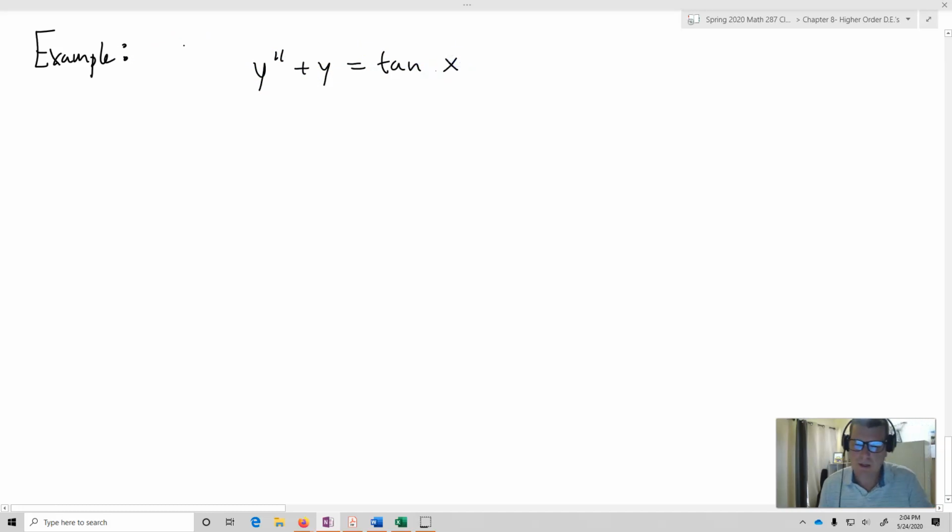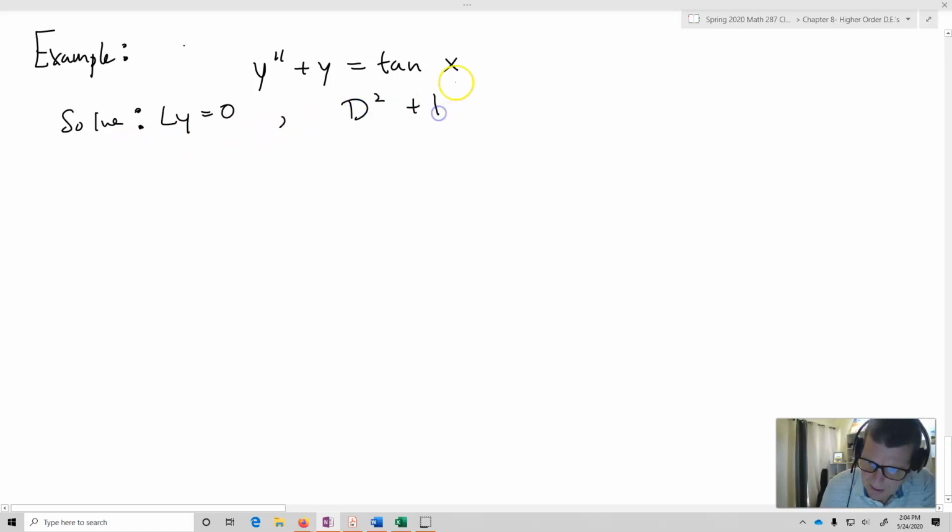All right, so the first thing I need to do is solve Ly equals 0. Well, this differential equation is D squared plus 1 y equals 0.